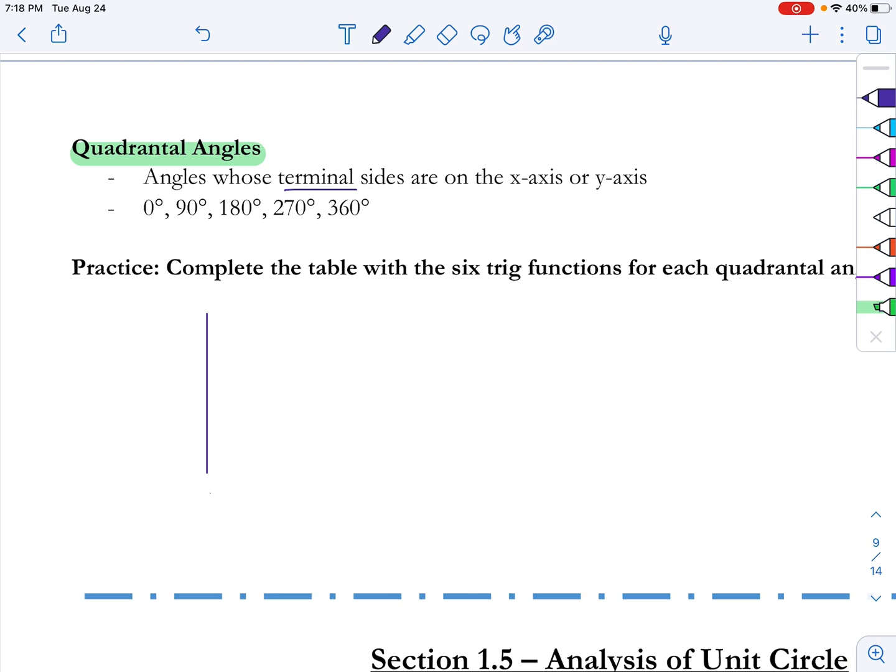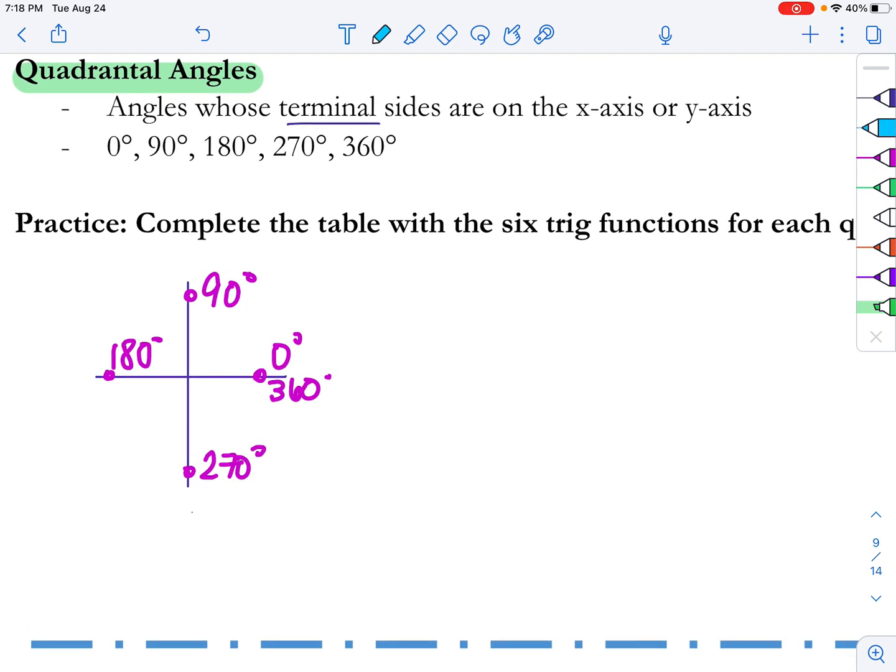So we know the quadrantal angles are at 0 degrees, 90 degrees, 180 degrees, 270 degrees, and then 360 is the same spot as 0. We also know all the coordinate points at these angles. So (1, 0), (0, 1), (-1, 0), and then (0, -1).